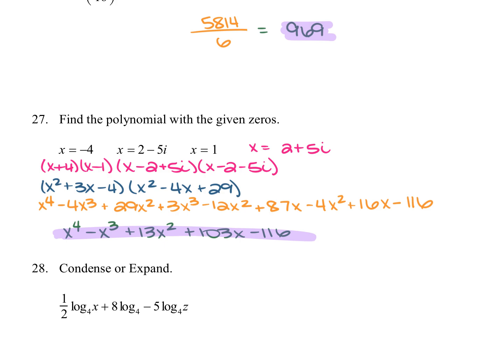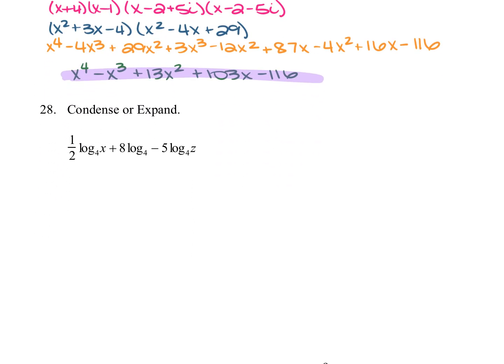Our next question, we are condensing 1/2 log 4 of x plus 8 times log 4 of y, minus 5 times log 4 of z. This one is number 57 from your review.